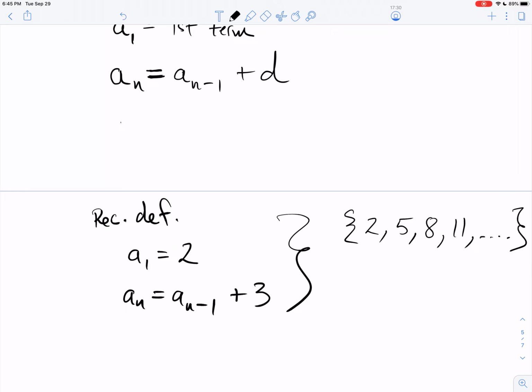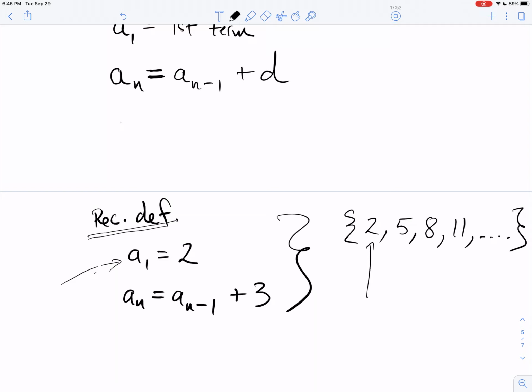Okay, this is a recursive definition. It tells you, hey, start your list at 2. A sub 1 means the first number in the list, first term. Start your list at 2. So that means write down the number 2 first.